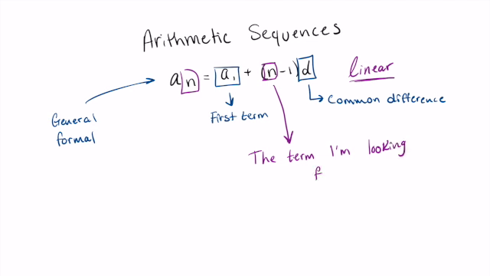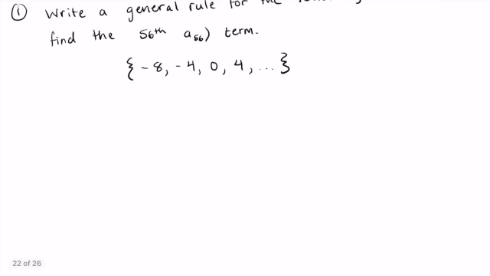So given that information, we can use an arithmetic sequence to find multiple different pieces of an arithmetic sequence and series. So let's jump into our first example here.